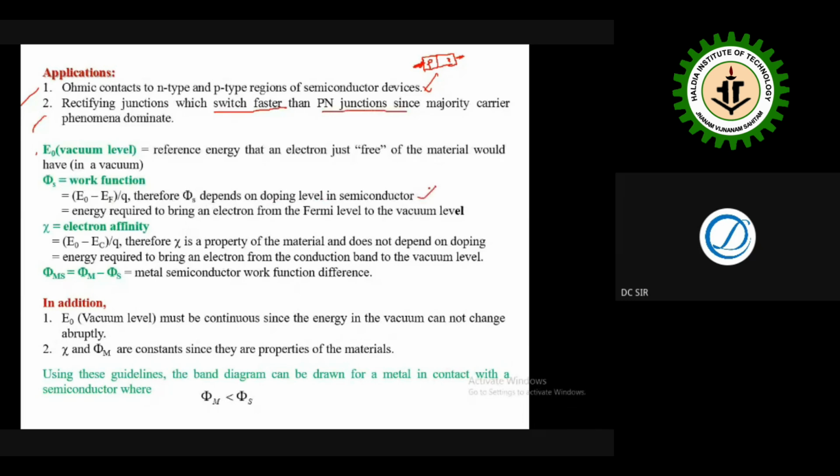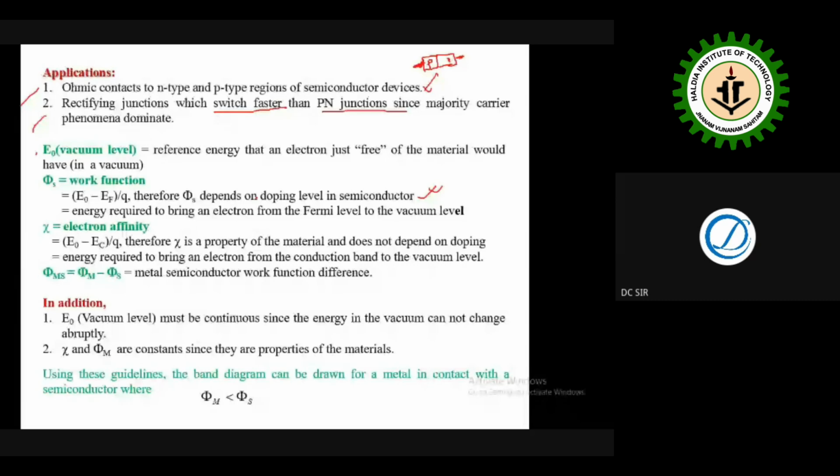Very important point. Phi s depends on the doping level in the semiconductor because when we change the doping concentration, the concentration of carriers, electrons and holes, the Fermi energy level changes. We know that when the doping is a very high concentration of electrons, then the Fermi energy level is very close to the conduction band.